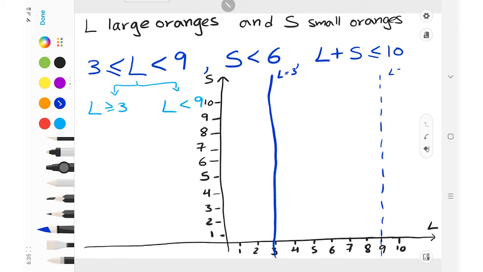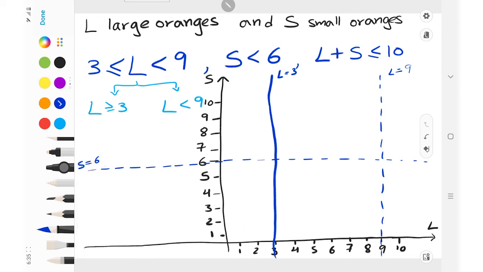L equal 9. Now, S less than 6. Also, it's not with an equal. So we will do a dotted line. This is S equal 6.